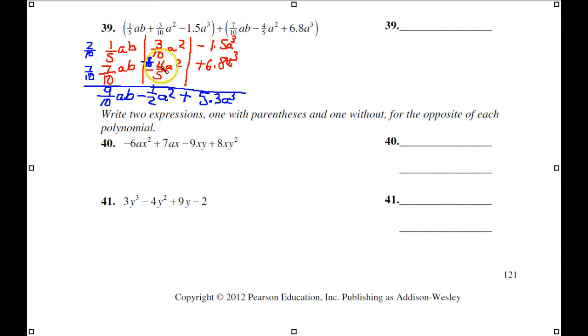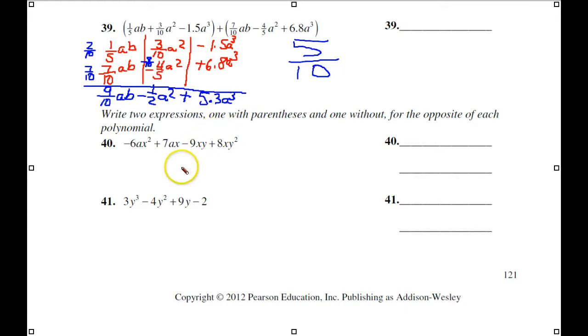And then the negative 4/5 becomes a negative 8/10. Plus 3 gives us a negative 5/10, which reduces nicely to a negative 1/2, a to the second. And we just combine these and end up with that.